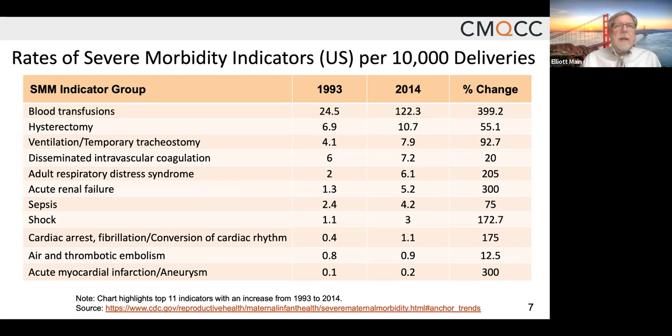DIC has gone up 20%, from 6 to 7.2. ARDS and acute renal failure also have had serious rises. Sepsis, and in most recent years, it's gone up even further in recent data that I've been looking at. Cardiac arrest, and so forth. All these have gone up in this time period, but the ones that have the biggest impact are at the top, which is blood transfusions, hysterectomies, ventilator, and DIC. Next slide.